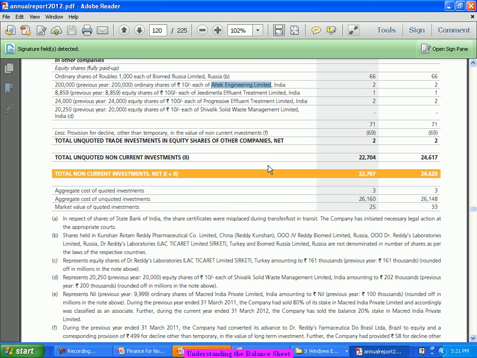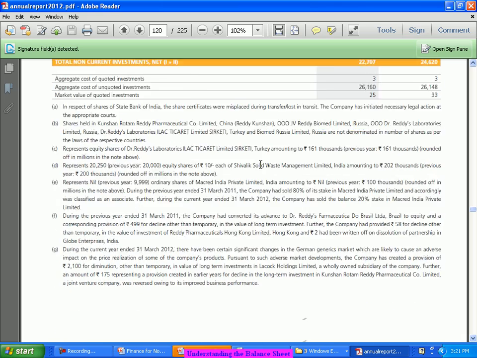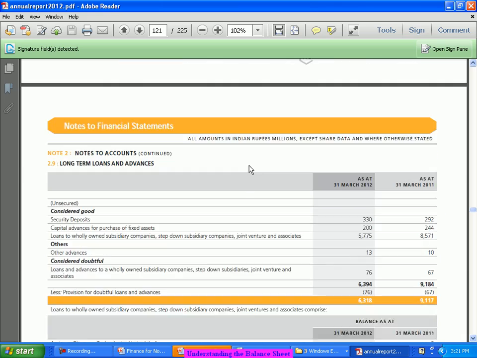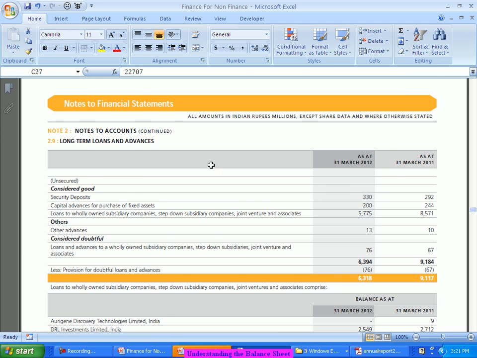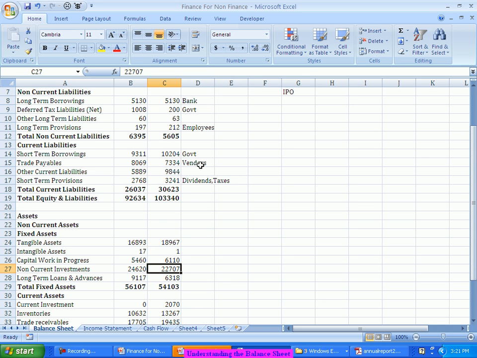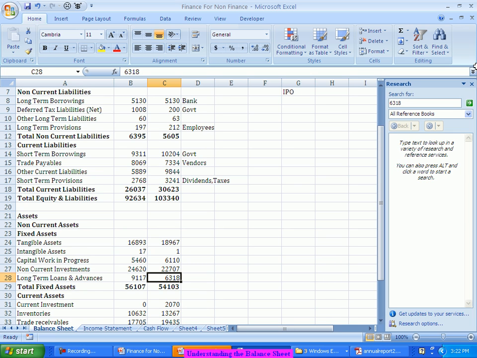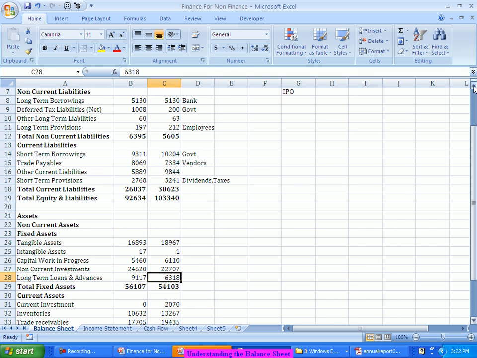Right? So out of this, they keep getting the dividend incomes, interest incomes, and those kind of things based on the model of investment they have done. And there could also be something associated with the long term loans and advances. They have actually given some loans and advances to all the subsidiaries. They may give some loans.